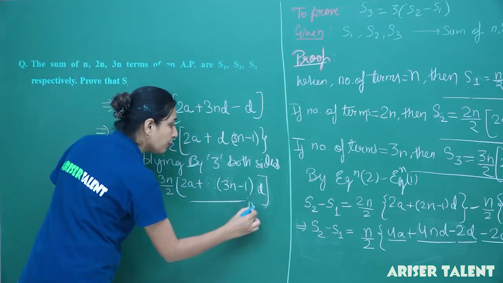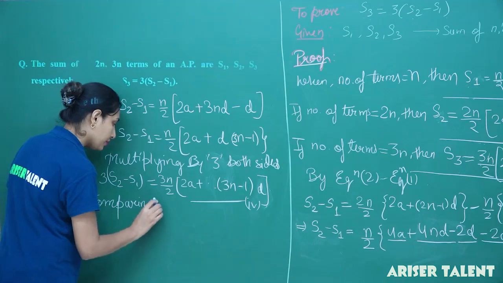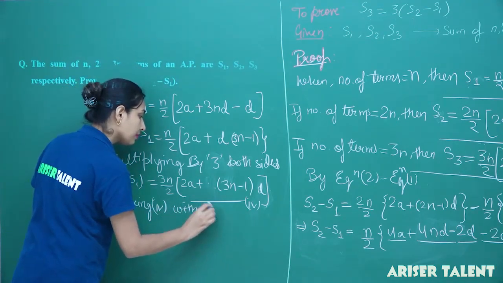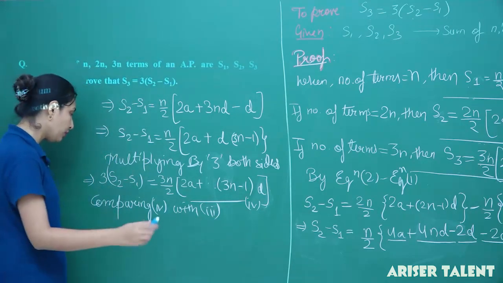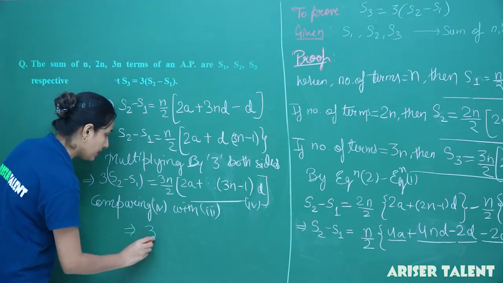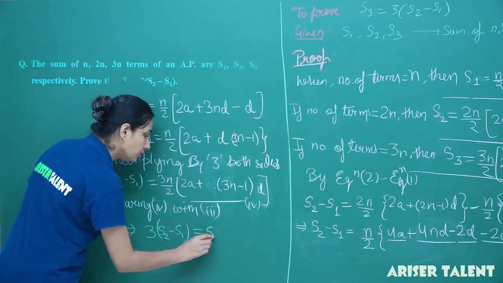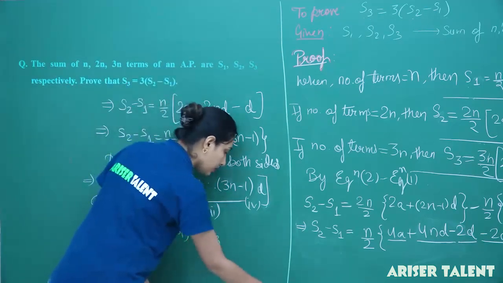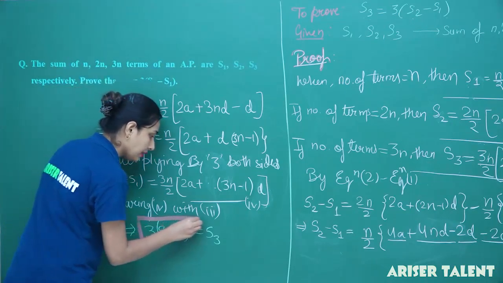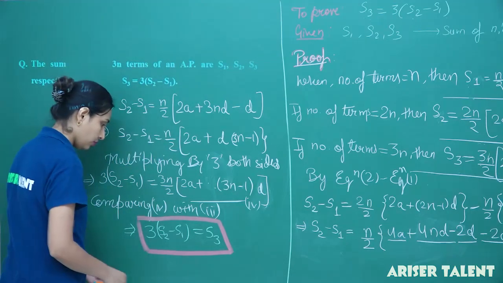Let's call it equation 4. Comparing equation 4 with equation 3, what we have is 3 S2 minus S1 equals S3, my dear students. So that is what you had to prove. So it's proved.